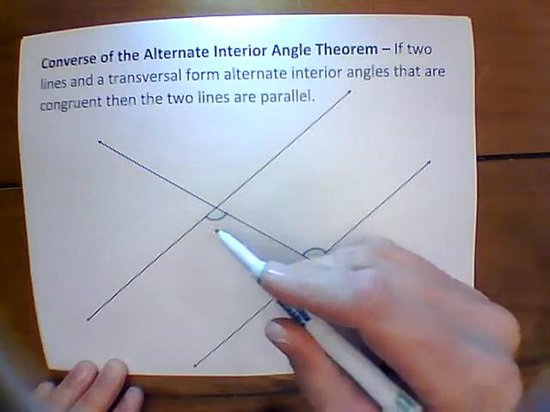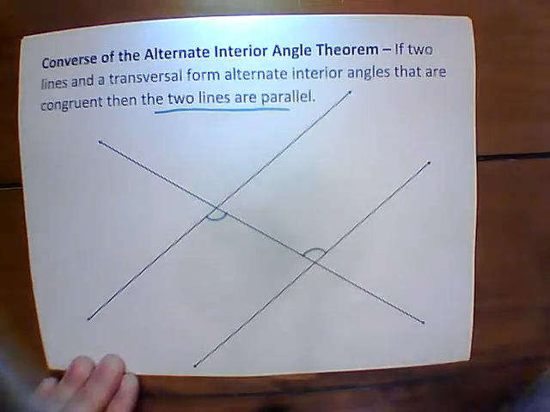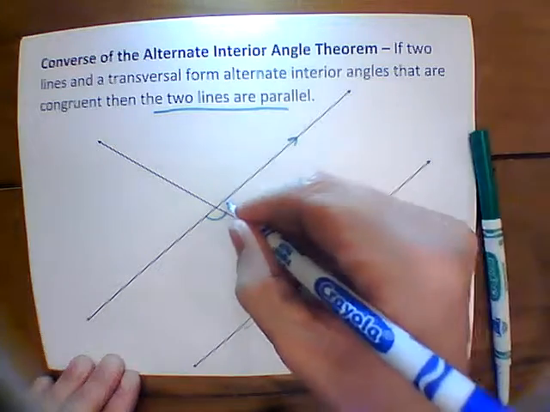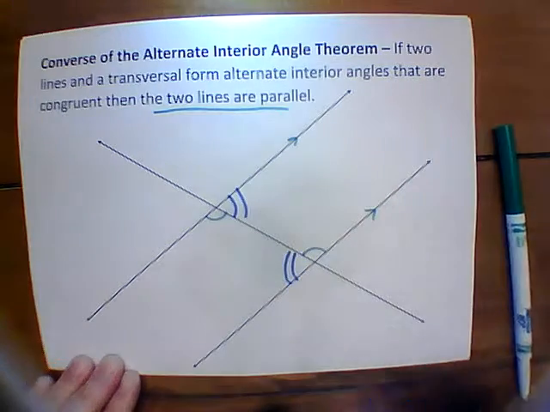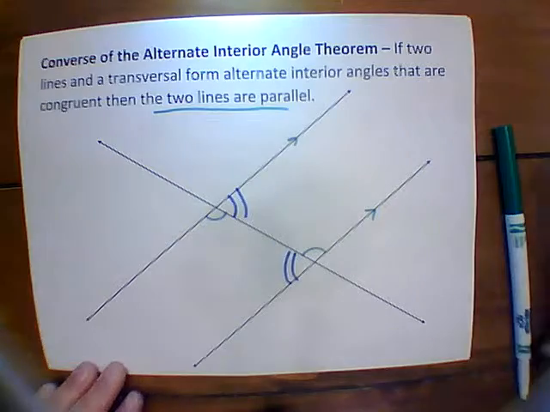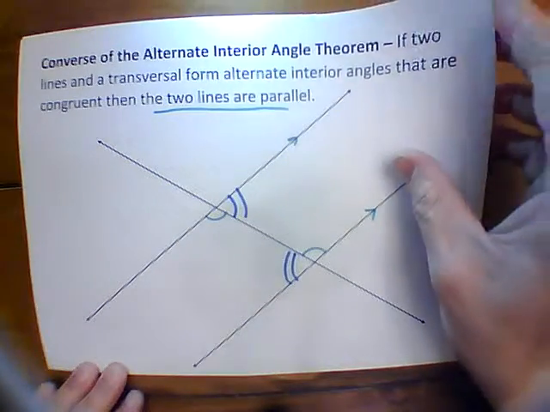So if I can show that these two angles are congruent, then I can conclude that the two lines are parallel. The other set of alternate interior angles are these two. If I can show that these two angles are congruent, then I can conclude that the two lines are parallel. That is the converse of the alternate interior angle theorem.